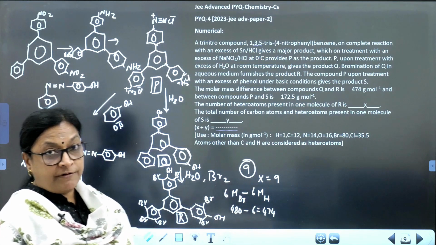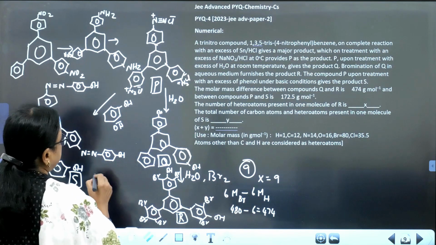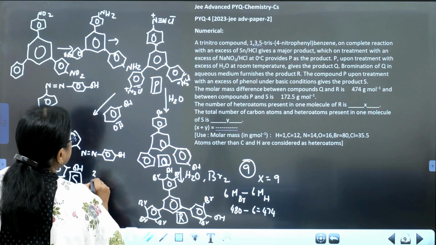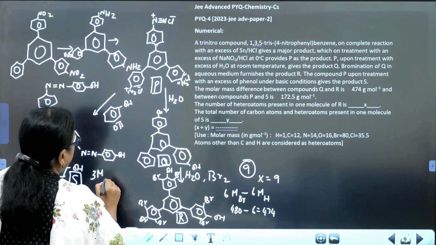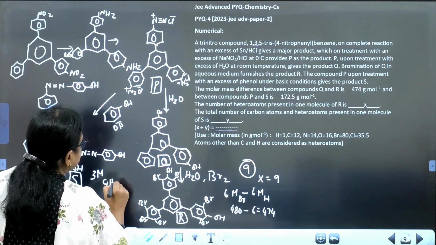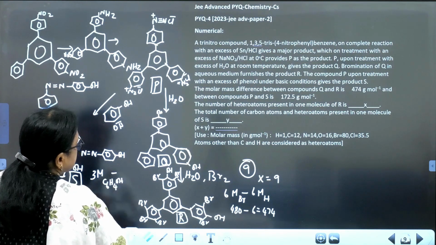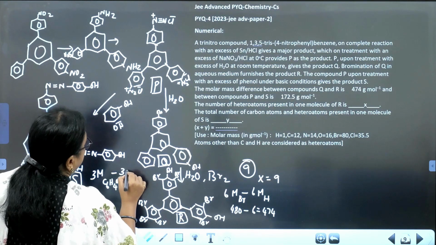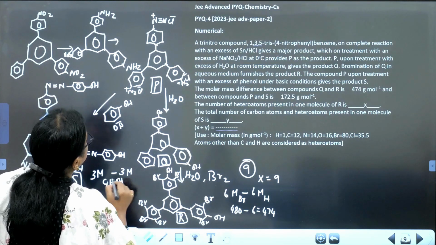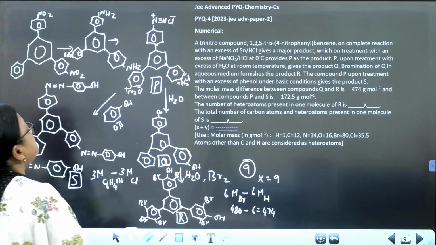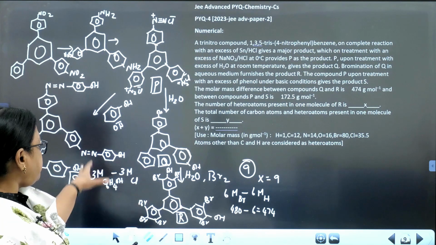That's the only difference. So the difference in mass should be 3 times the molar mass of C6H4OH group minus 3 times the atomic mass of Cl. This should be the difference.